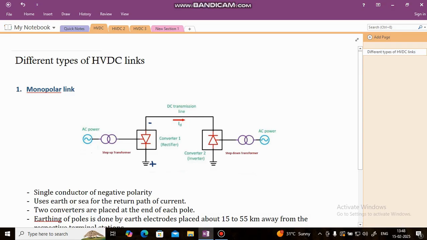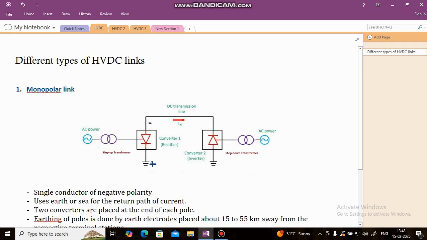Then this AC voltage is fed into the rectifier, that is converter stations at the HVDC substations. This AC is converted into DC with the help of these rectifiers. Then this power is transmitted preferably to negative current terminals.